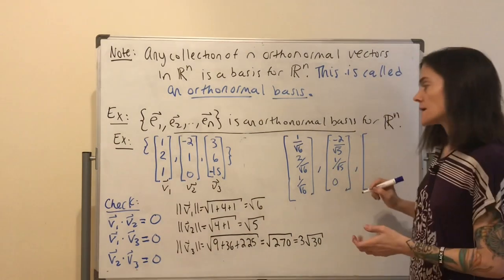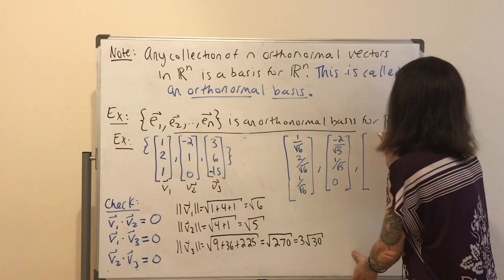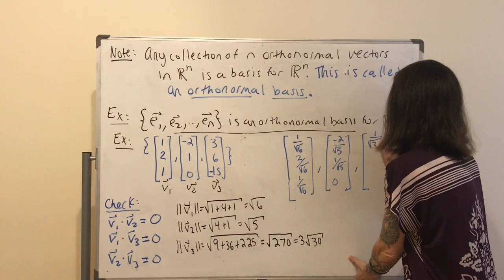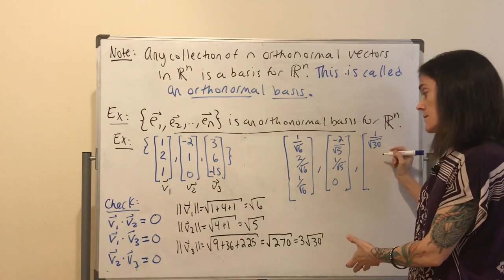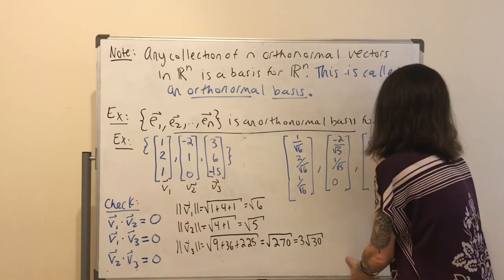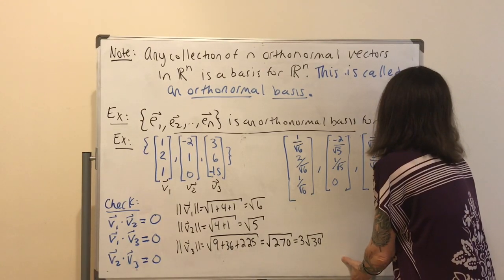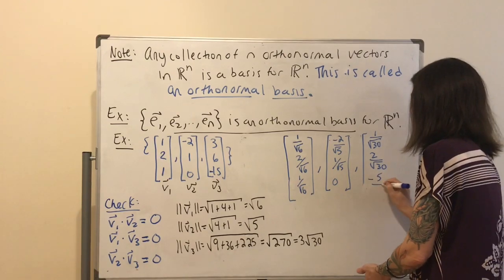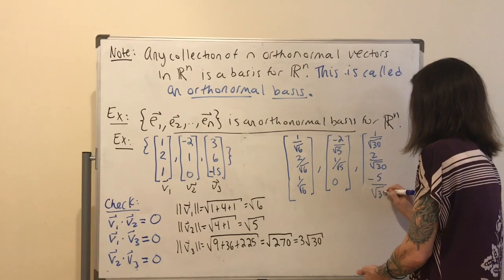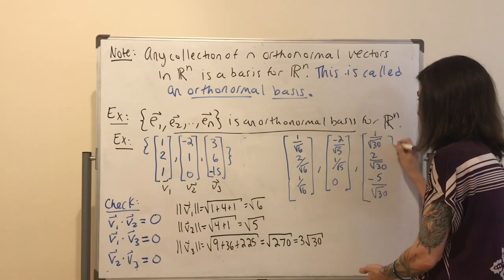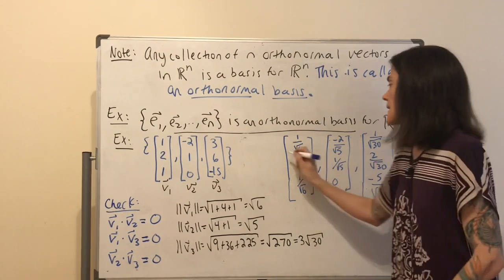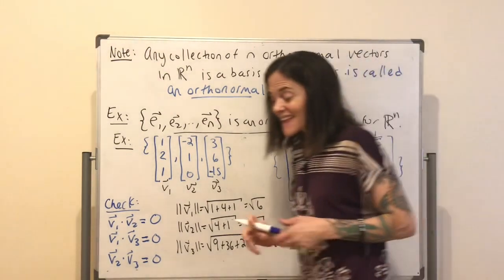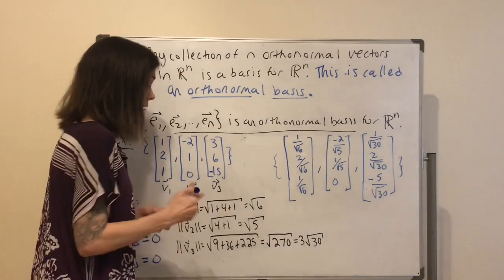Finally, my third vector, okay, is 1 over the square root of 30, and then 2 over the square root of 30, finally, minus 5 over the square root of 30. Okay, this collection here is an orthonormal basis for R3.